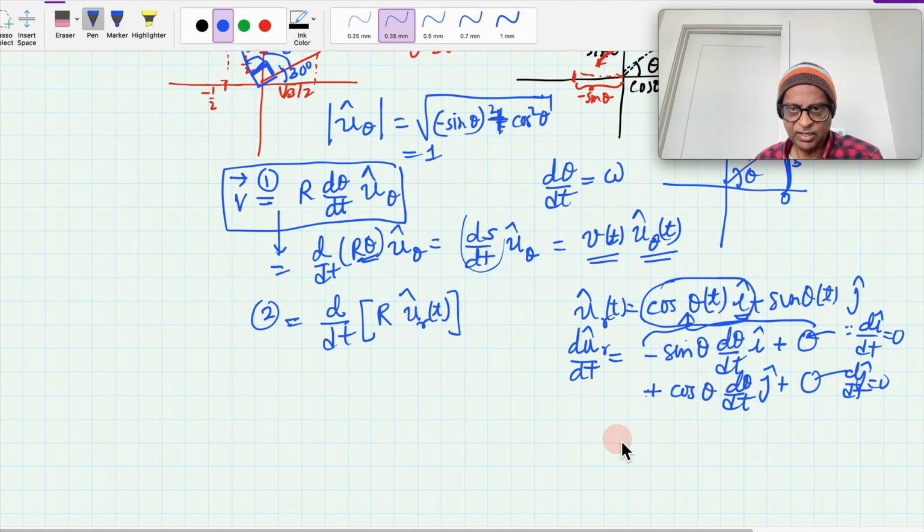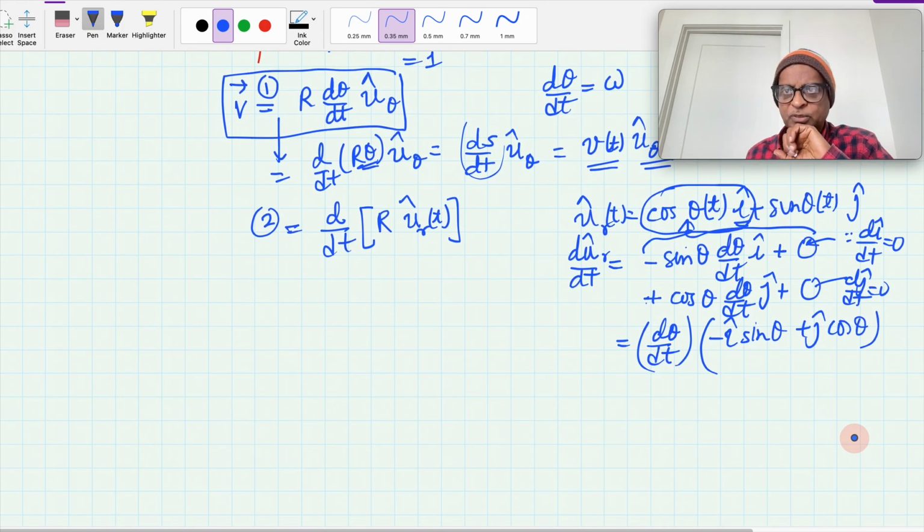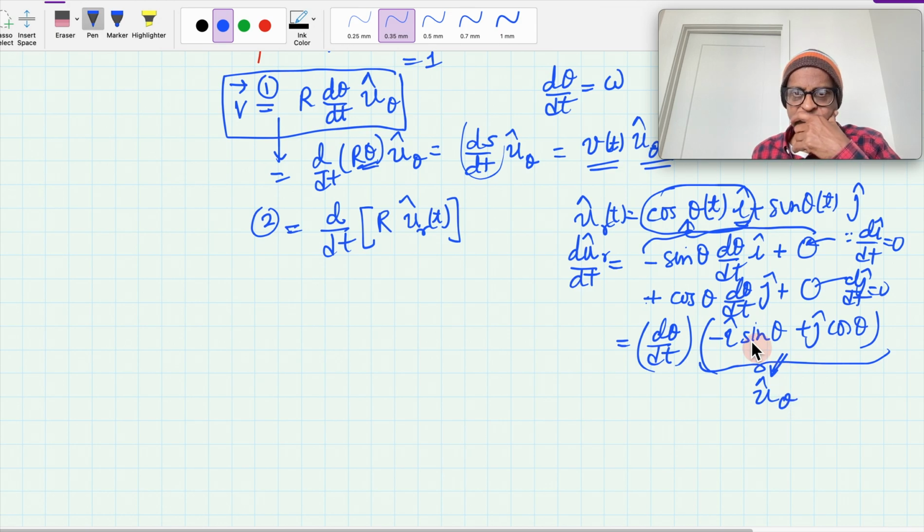So here I see d theta dt being common, and minus i hat sine theta plus j hat cosine theta, right? I know this is a lot of algebra, but you have to really go through this algebra to see this thing in gory detail. So this will be u hat of theta. So it turns out that if you take a derivative of this thing, you actually get tangential.